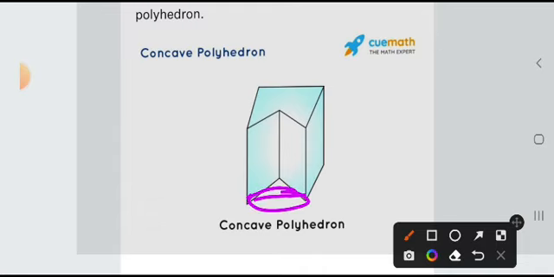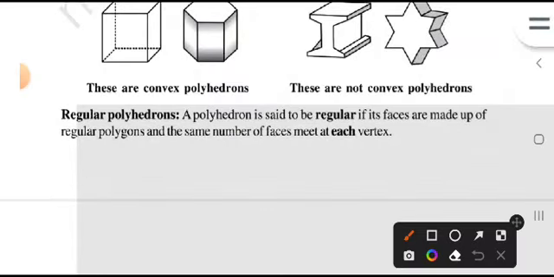Regular polyhedrons. Let's first see the definition that is given in our books. A polyhedron is said to be regular if its faces are made up of regular polygons.